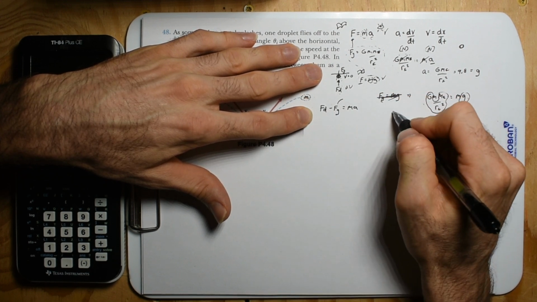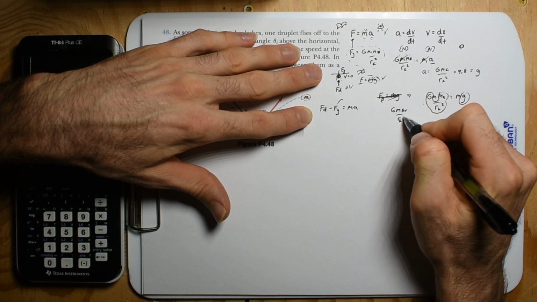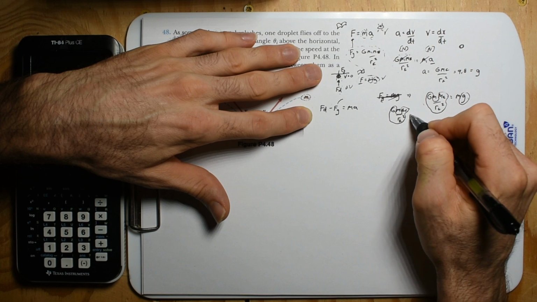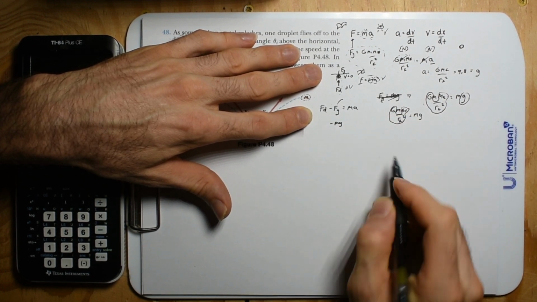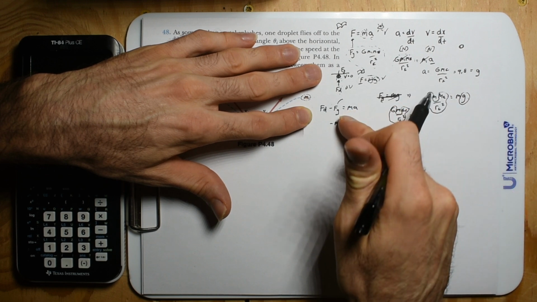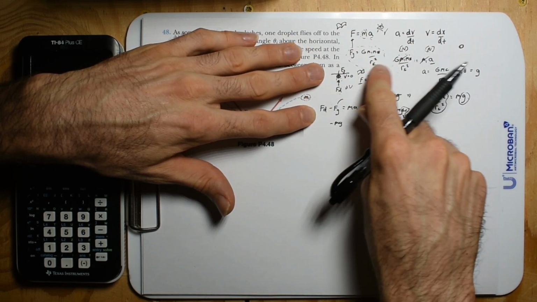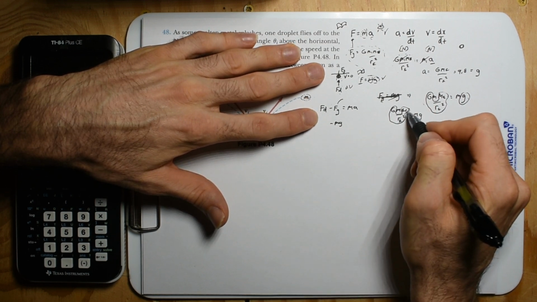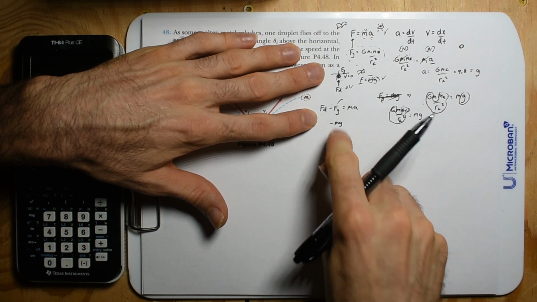Instead of doing G times the mass of the Earth over the radius of the Earth squared, which is literally just mg, then we can just now do it mg. But I would do it as Kepler until you're just like, every time you get the force of gravity, use Kepler's equation until you're just like, no, I totally know that these three things add up to the acceleration of gravity, and I know it's just mg.